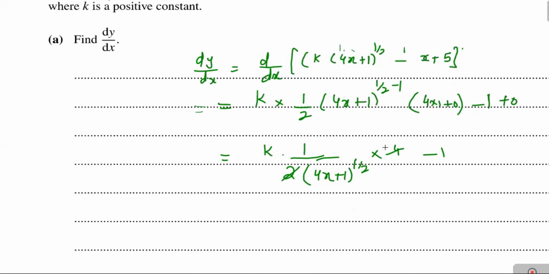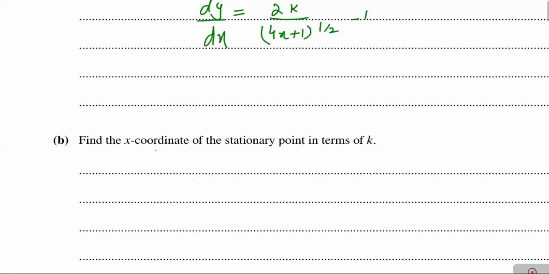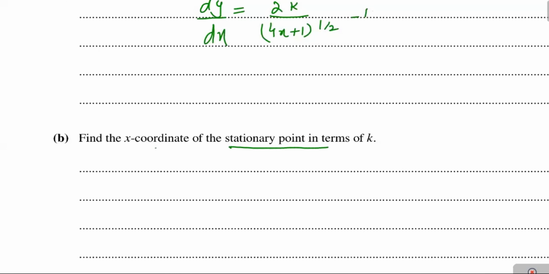Now 2 times 2 is 4. We can write it as dy over dx = 2k over (4x + 1) power 1 over 2 minus 1. This is the answer.